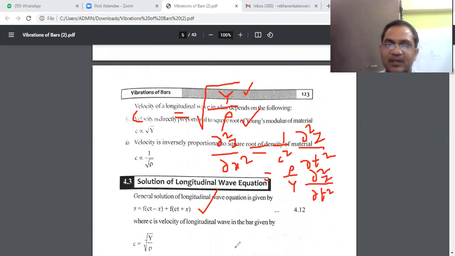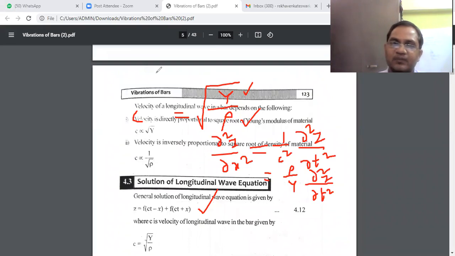In that formula, c stands for the speed of the longitudinal wave, t is of course the time, and x is the displacement of the longitudinal wave along the x direction at any instant of time t.